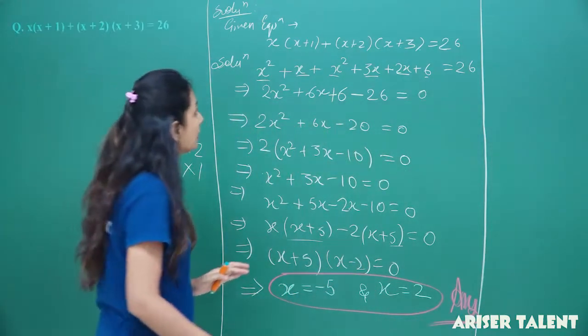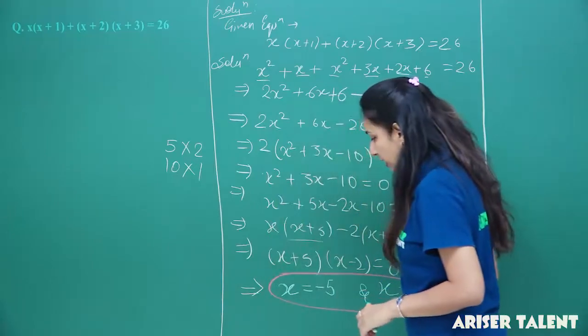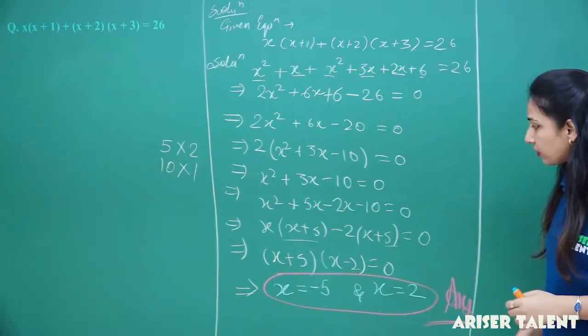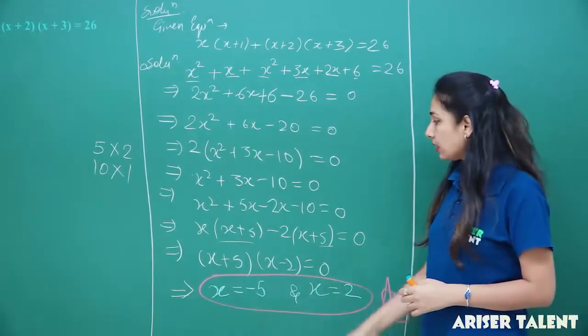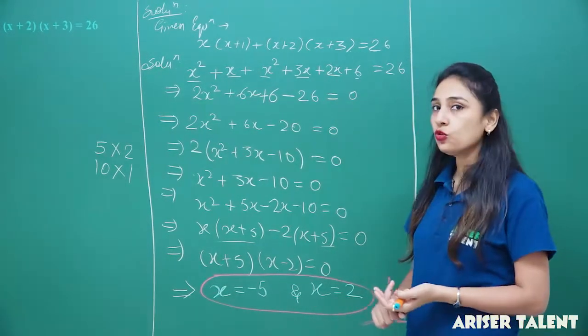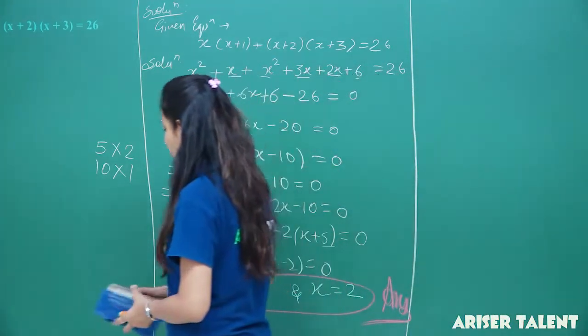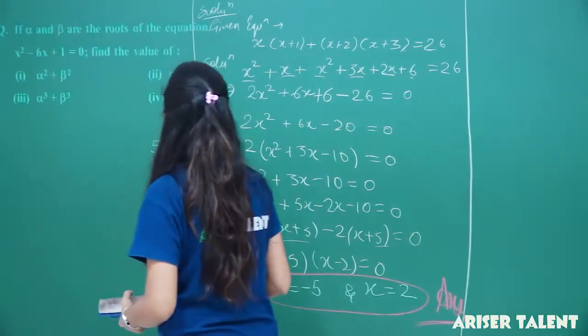So the equation (x + 1)(x + 2) + (x + 2)(x + 3) = 26 has roots x equals minus 5 and x equals 2. Okay, so done with this. Next question.